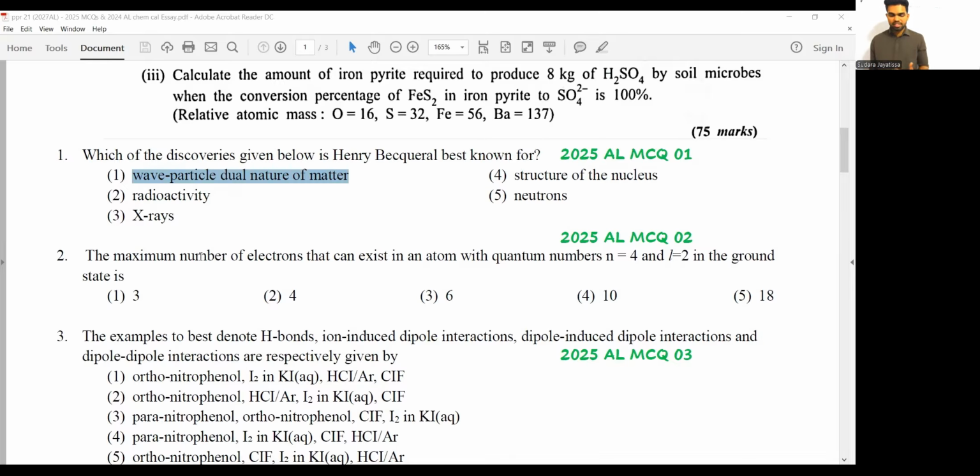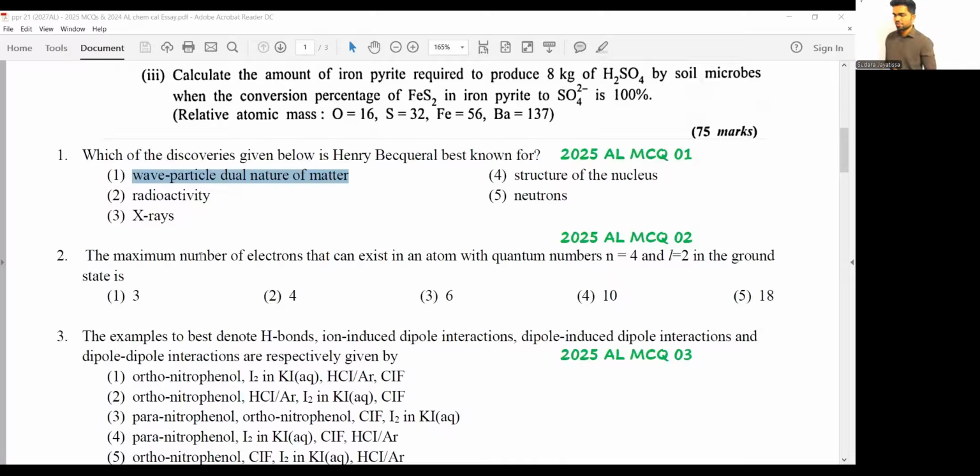Okay, remember that. The radioactivity, it's true, Henry Becquerel. And then X-rays, Röntgen. Okay, you might have heard that one. It's not there in the syllabus, however, Röntgen. And then structure of nucleus, you can write. The word nucleus was first articulated by Rutherford. So the scientists known for that one: Ernest Rutherford, Geiger, Marsden, you can write their names.